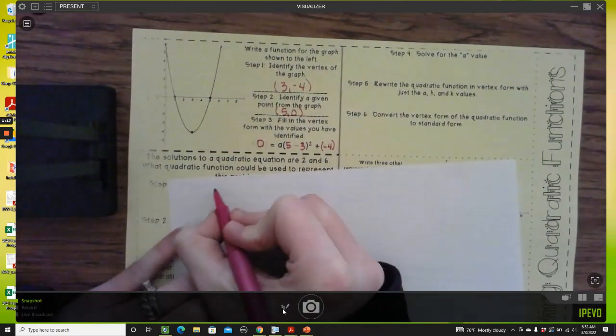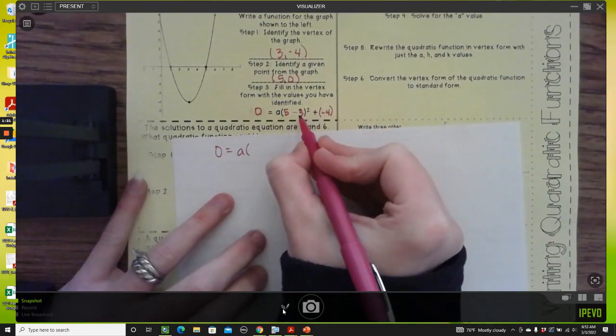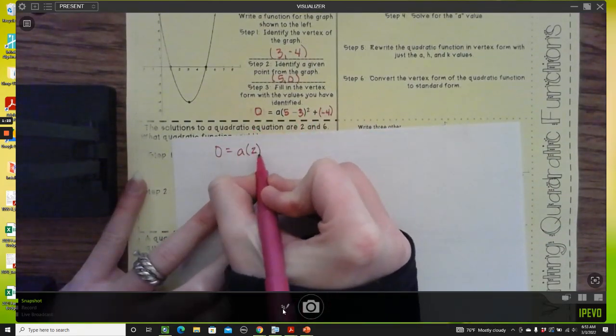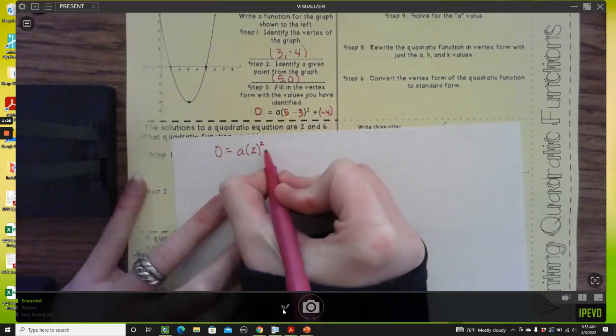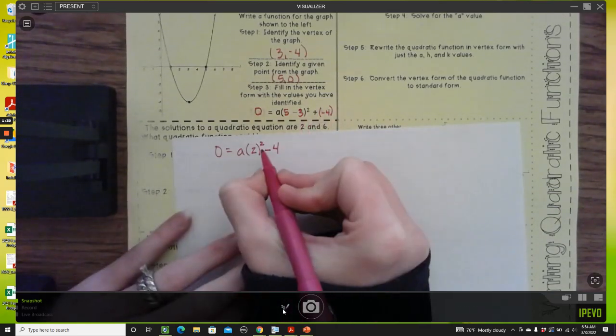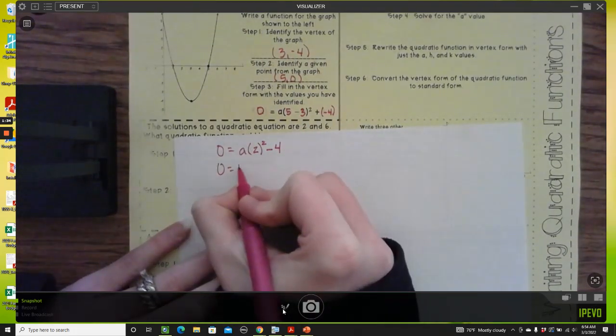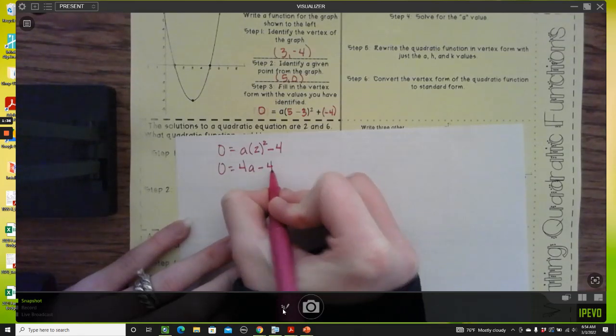So I've got 0 equals a, and so 5 minus 3 is 2, and we're going to square that, and then I'm just going to do minus 4 at the end because it's better than plus a negative. So 2 squared is 4, so I'm going to make this 4a minus 4.